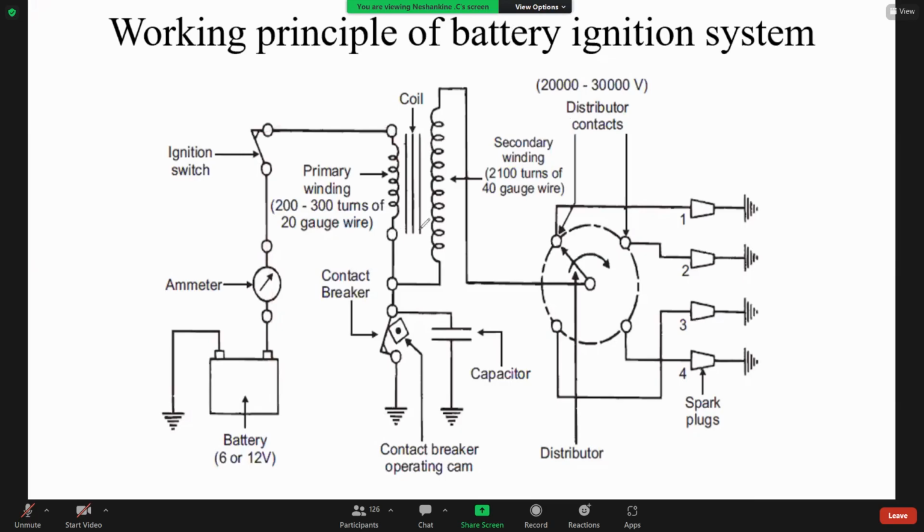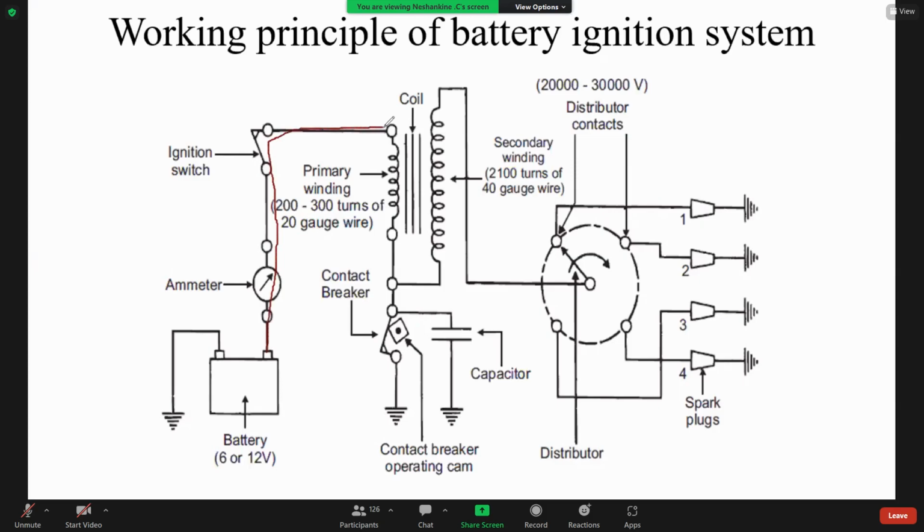One student asked to repeat again, so I will explain again. Okay, I will discuss with you with the diagram. This one, the battery. If we switch on this ignition switch, what will happen? The current passes through this line, isn't it?